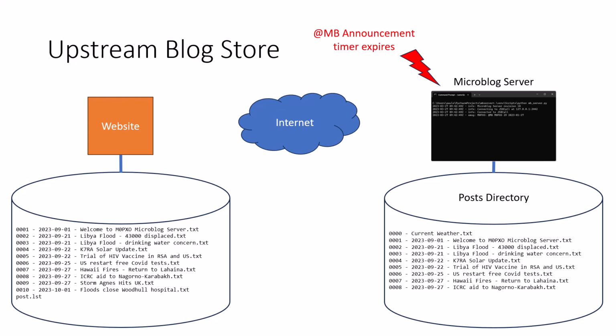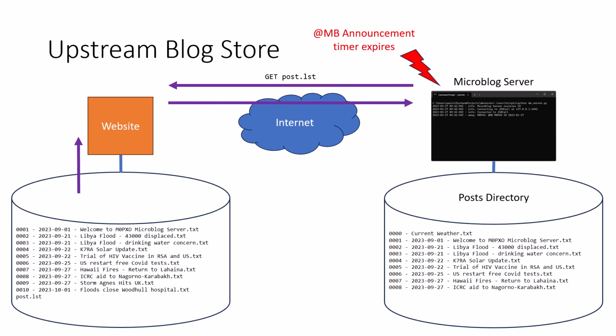So that fires, and then what happens is that the microblog server goes to the website and gets this file called post.list, which has got a list of all the posts on the blogs within that blog, and all of the posts that are available on that server. That gets returned back to the microblog server.